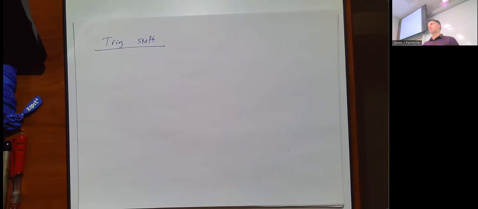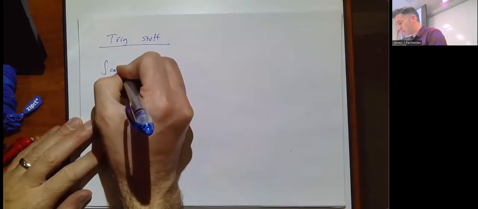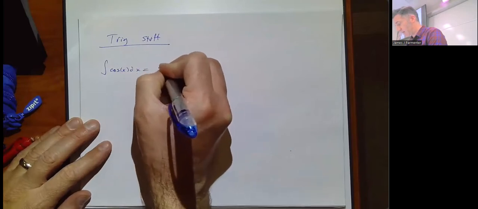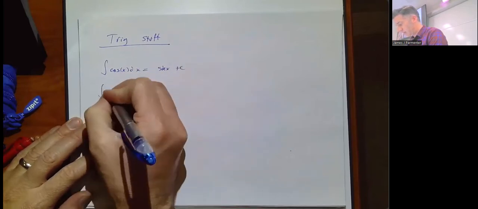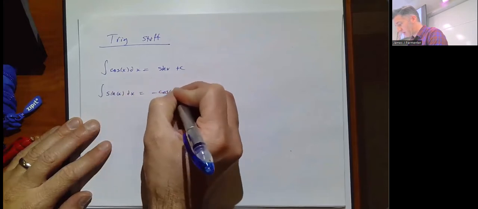So I'm going to remind you all, there's an expectation that we know how to anti-differentiate the following 6 things. You should be able to say that the antiderivative of cosine of x is positive sine of x. The antiderivative of sine of x is negative cosine of x.